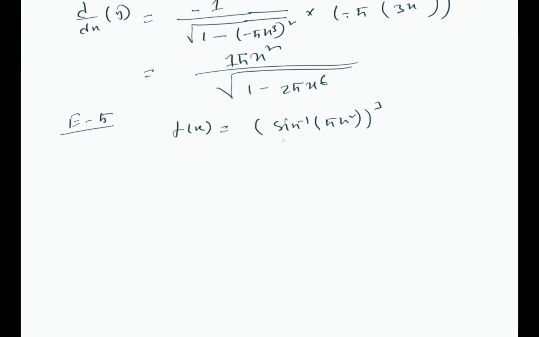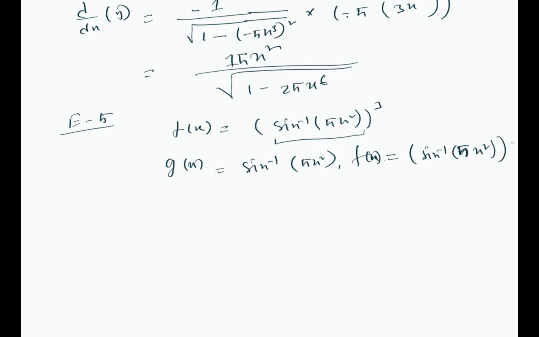Okay, so our inner function, which is the base, g of x, is equal to inverse sine of 5x squared, and our outer function, which is the original function, is inverse sine of 5x squared all to the power 3.